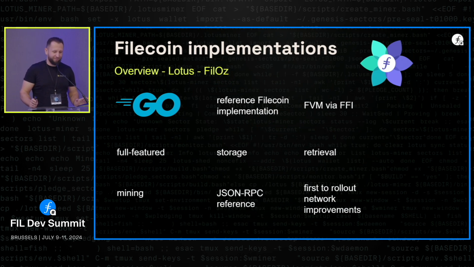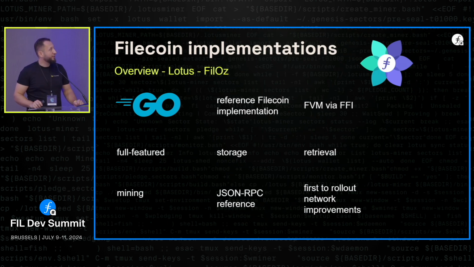You can look into the documentation, but if you really want to see how things work and should work, or maybe work, you go into the Lotus implementation. That's what we do in Forest extensively. Sometimes we find issues there, but mostly we find issues in Forest. That is the truth.